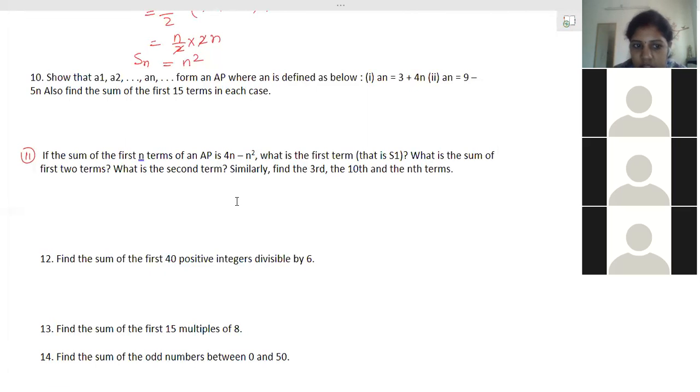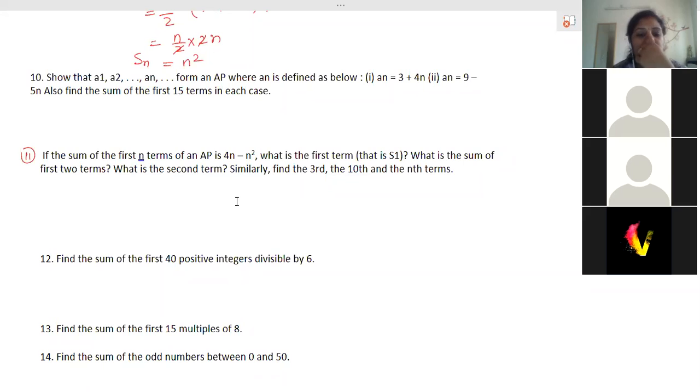Everyone, if you finish the 10th, please mark yes there, so that I will get to know. I will explain the 11th and 12th questions. Ma'am, is the 12th answer 4920? Yes, right. Is the 13th answer 960? Yes, right. The 12th one is 4920. And the 13th one is 960, right?